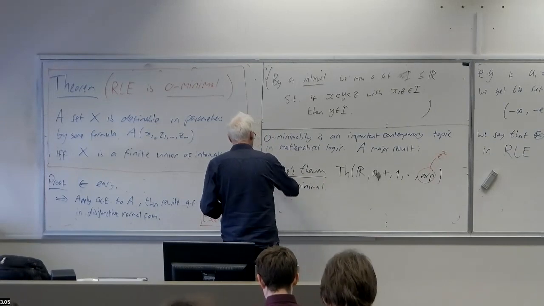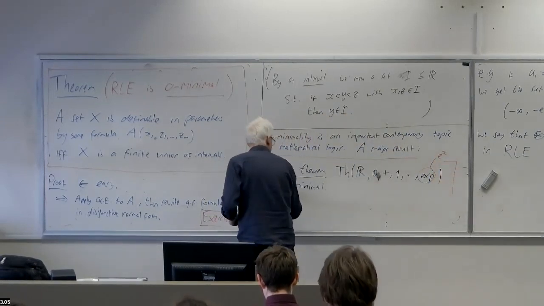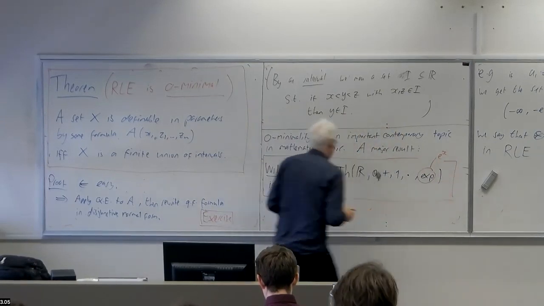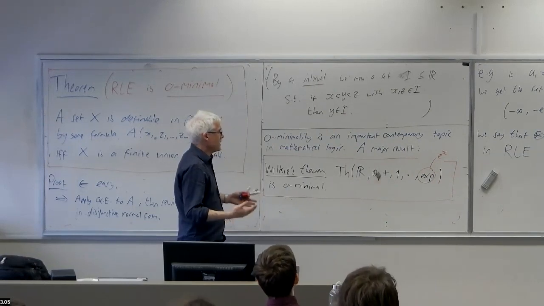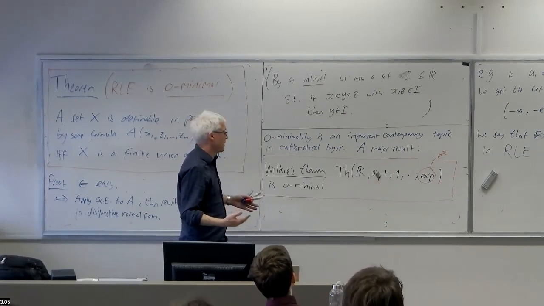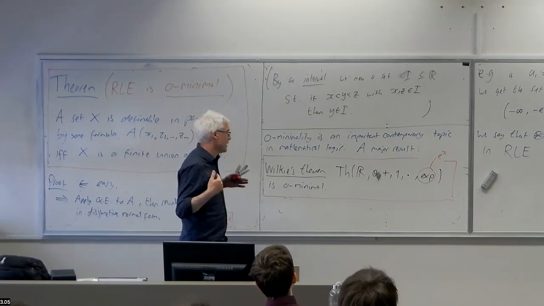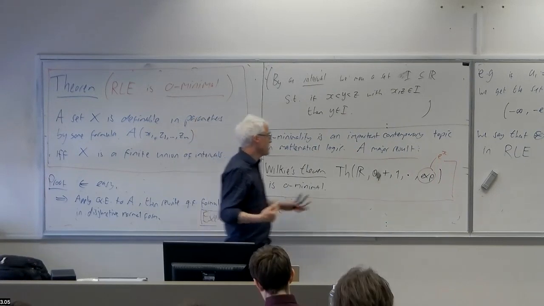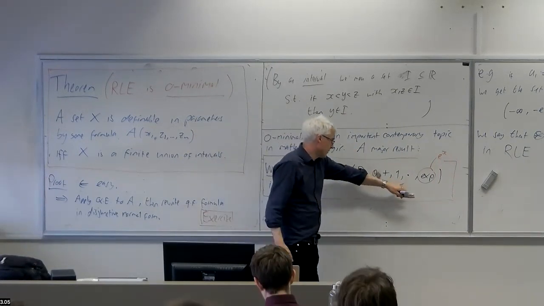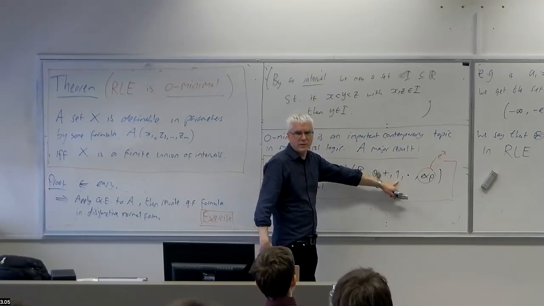Wilkie's theorem is that this is o-minimal. And again, you might say, so what? Well, any set definable with parameters is a finite union of intervals, because as I said, that statement allows cylindric decomposition. And using this result, several open results in number theory were resolved as a consequence of this.